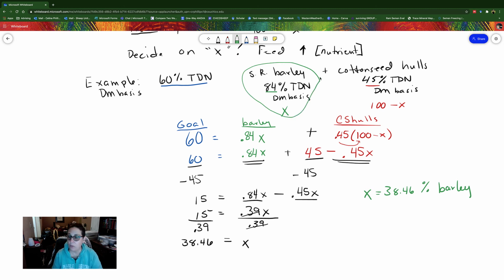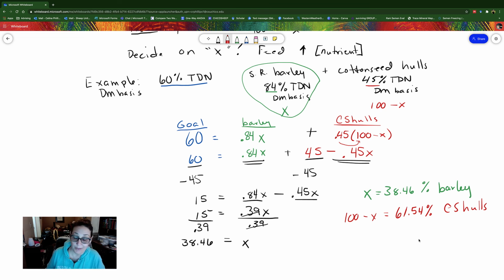So now we know the amount of barley in the ration. We can plug it in and solve for 100 minus x, which is going to equal 61.54% cottonseed hulls. And these are both on a dry matter basis, because that's what we were solving for.